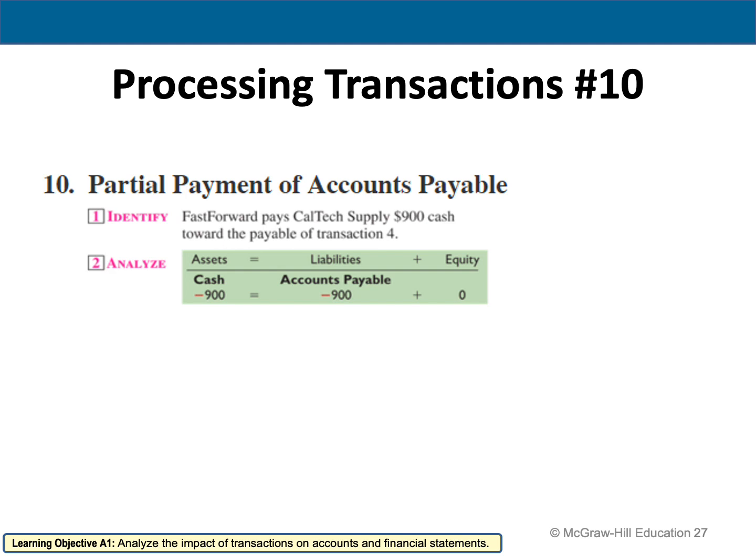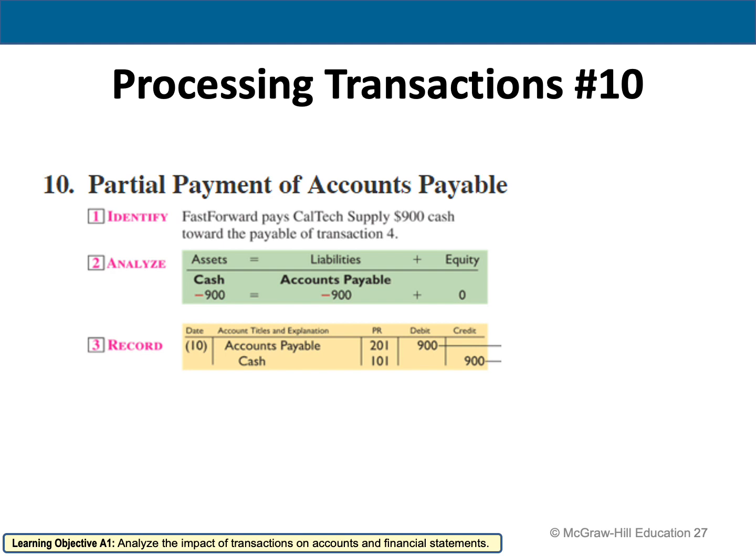So let's see how we are going to record the journal entry. Of course, I'm going to start with the accounts payable in the first line. Why? Because the accounts payable is decreasing, and if the accounts payable decreases, it will decrease on the debit side. So when I record my journal entry, I have to start with the accounts payable. Then on the second line, I'm going to record cash.